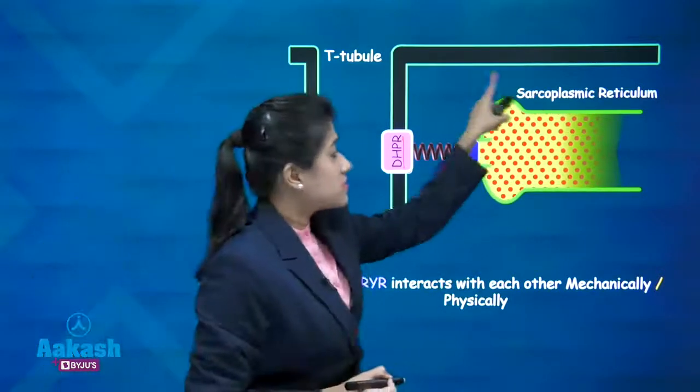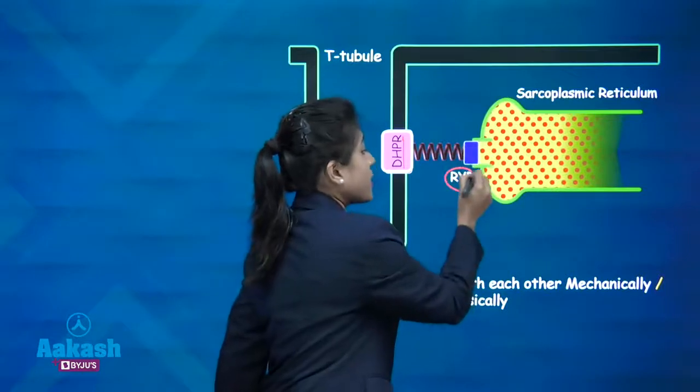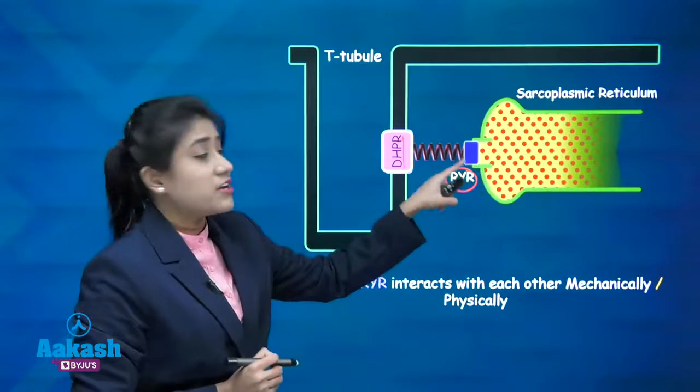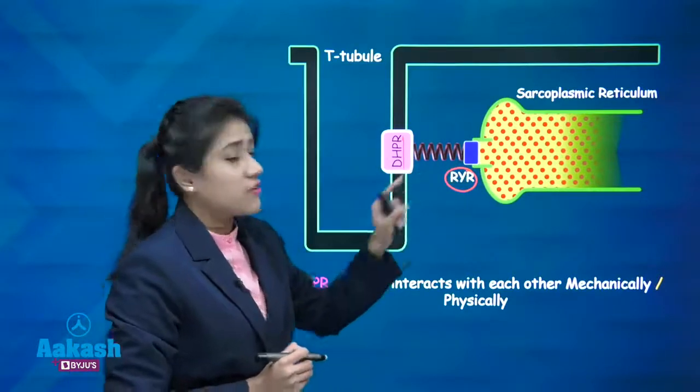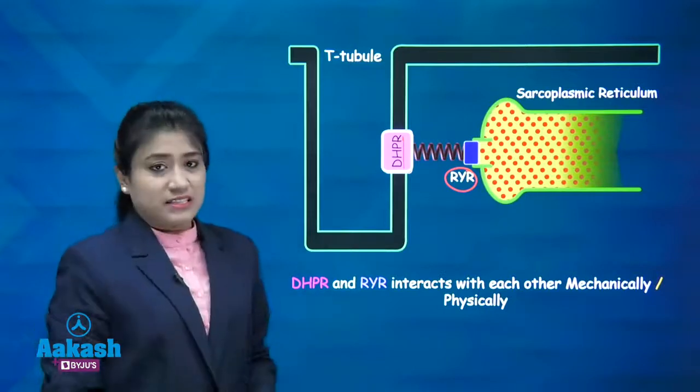And if this is the sarcoplasmic reticulum of a skeletal muscle, then you have the RYR receptor in the sarcoplasmic reticulum. And remember these two, DHPR and RYR, are attached to each other mechanically or physically.